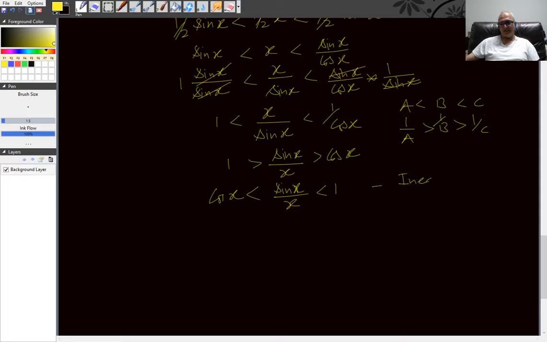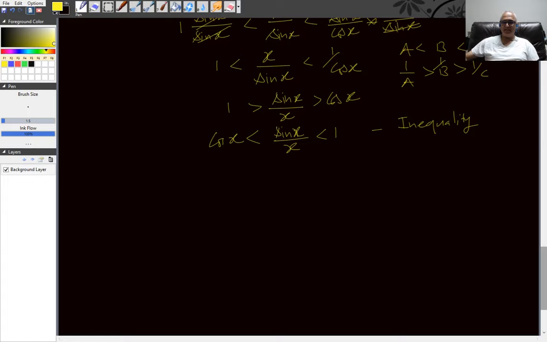So now we have this inequality. Now we apply the limit. So you know that the limit of cos x as x goes to 0 is 1.